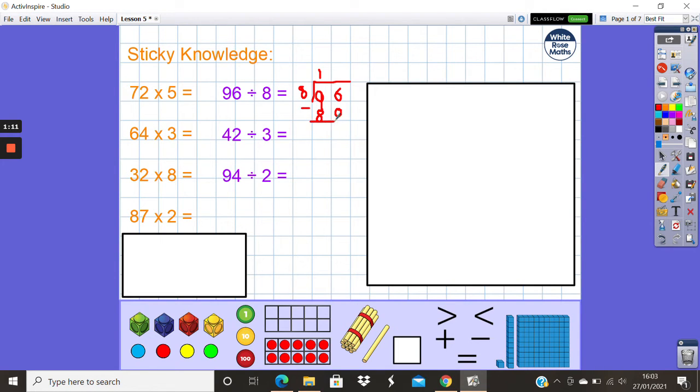Take those away. 6 take away 0 is 6. 9 take away 8 is 1. How many 8's go into 16 would be 2. And then we're going to take 16 away to see if we've got any remainders left. Okay, so 96 divided by 8 would be 12.